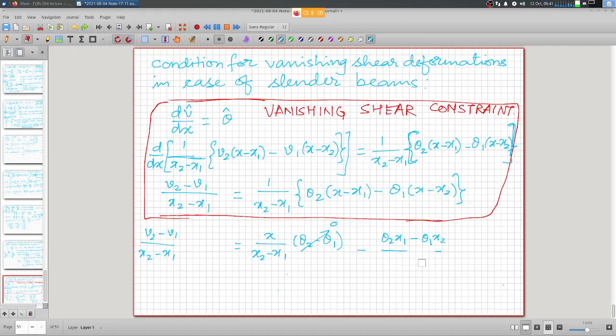I mean, the shear deformation, when you impose this vanishing shear strength condition, you have this inconsistency of the dimensions. You come up with this problem of the left hand side being a constant being equated to a linear polynomial.